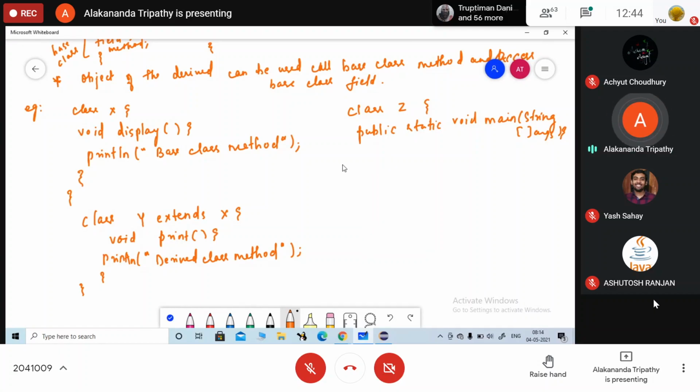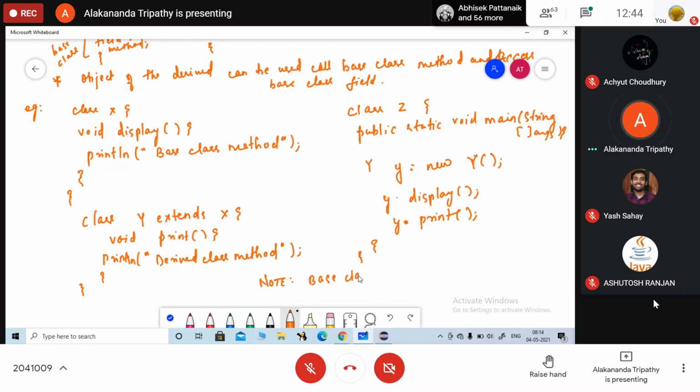So in order to access the base class method or variable, we can create the object of which class? Y class, the derived class. So y dot display and y dot print.